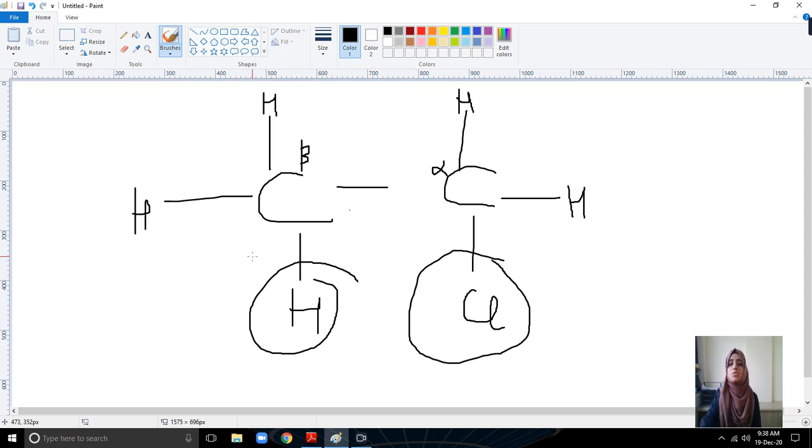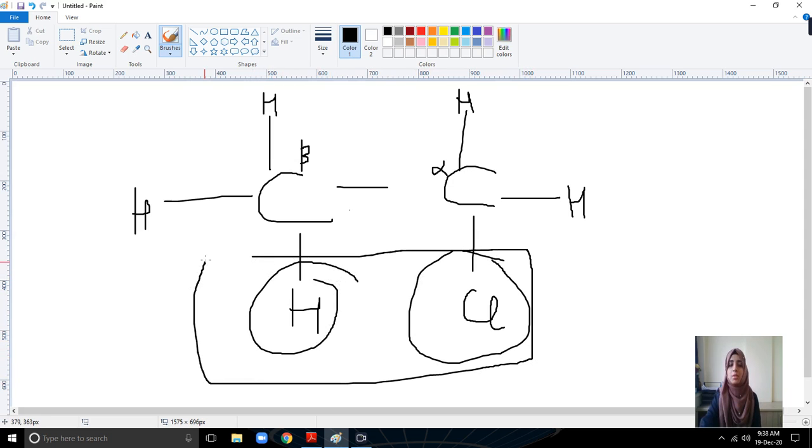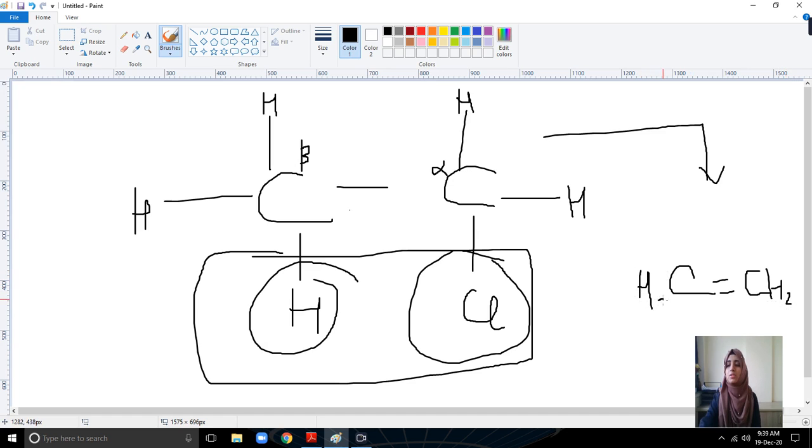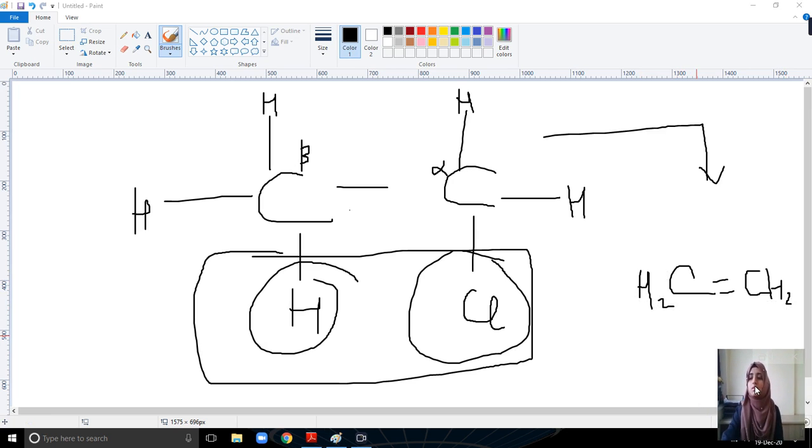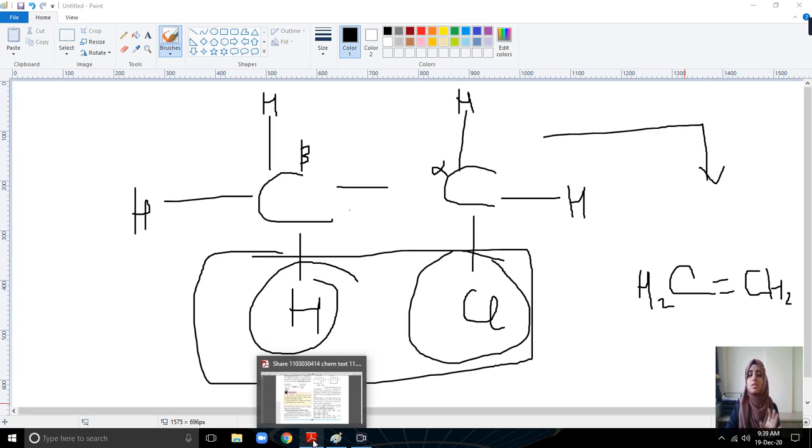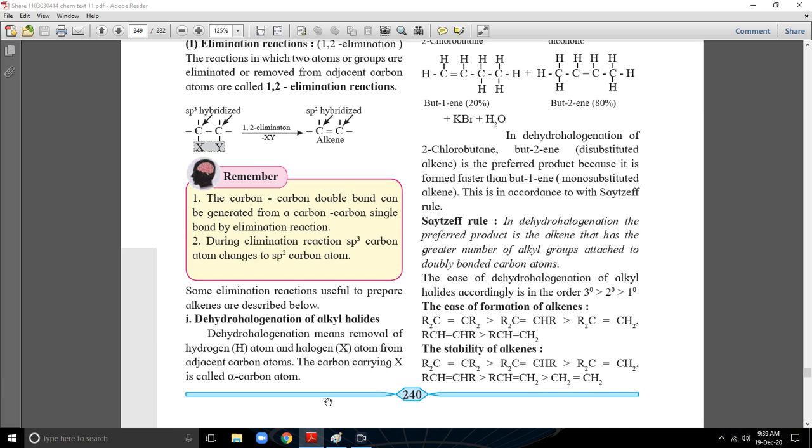These two are removed from the substrate, and in the product we get C double bond C, with alpha carbon having 2 hydrogens, CH2, and beta carbon also having 2 hydrogens. So this is alpha beta elimination reaction.